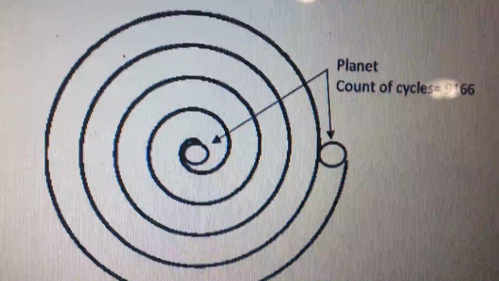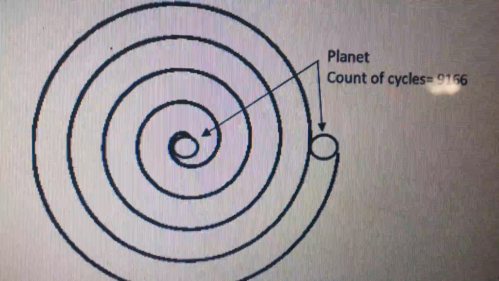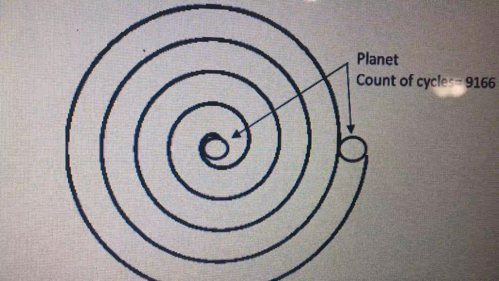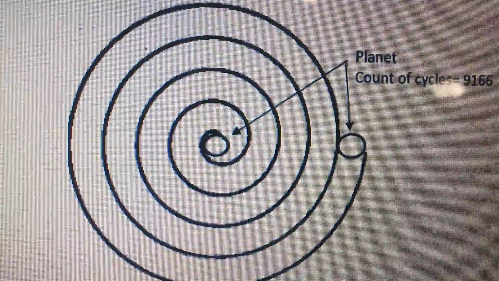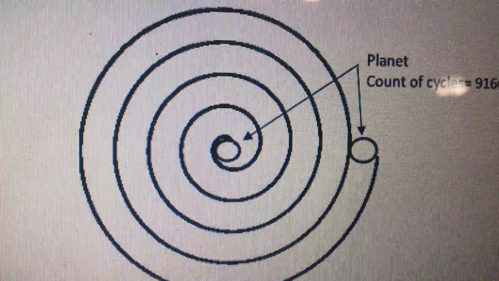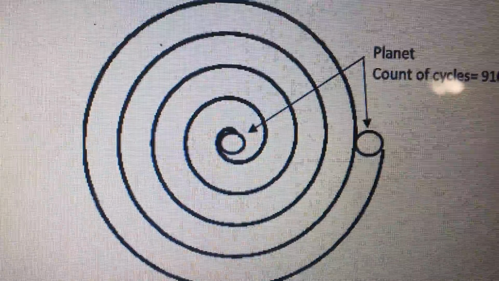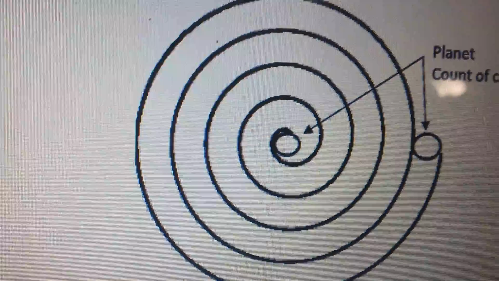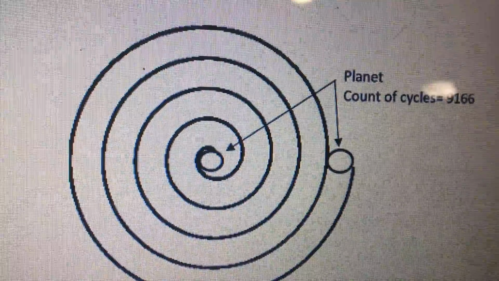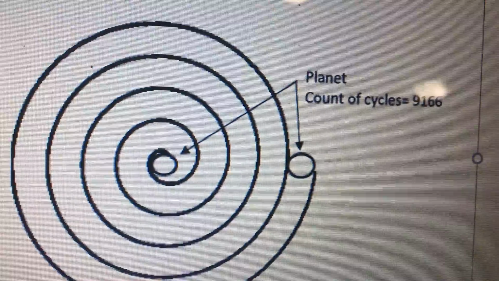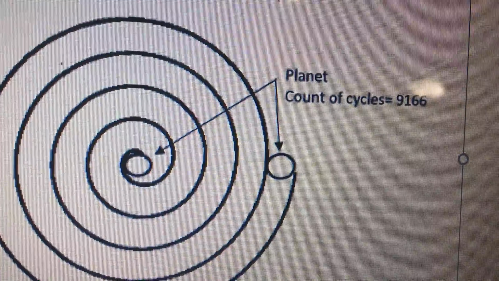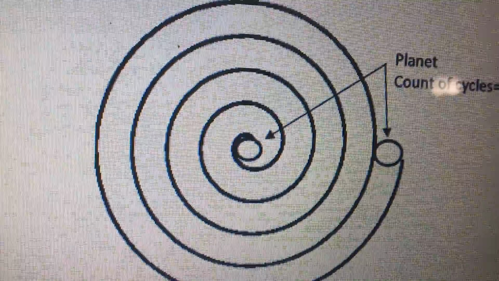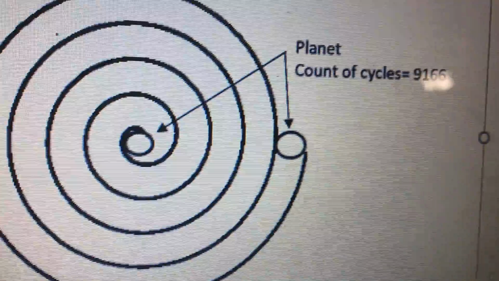So we have two radii. The first radius is for the whole solar disk, which includes the dust and everything, and the second radius is the sun radius. We divide the whole solar disk radius by the sun radius.